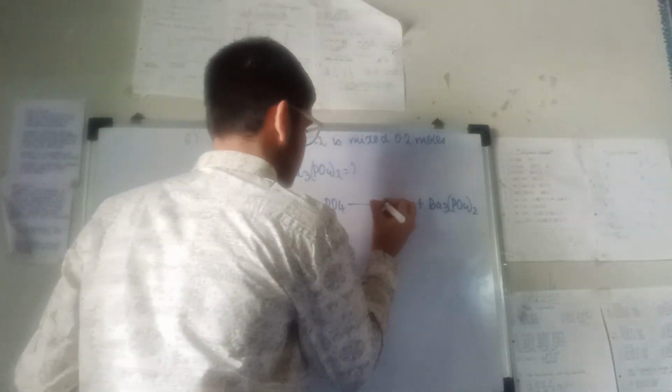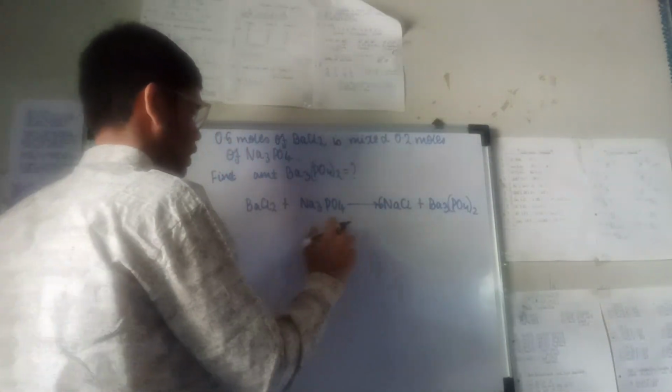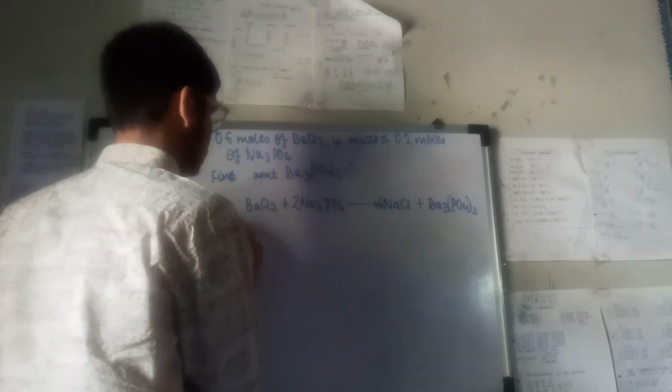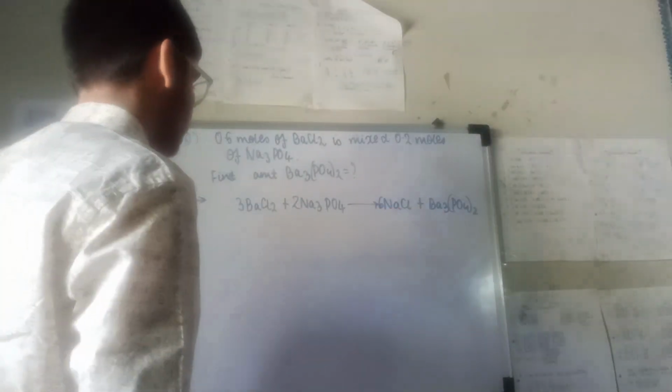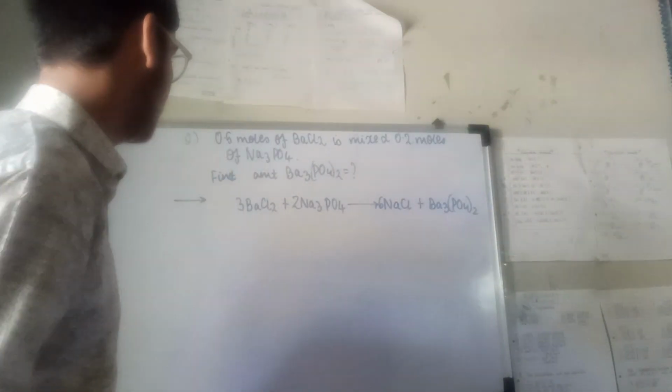I will make this 6 NaCl, and here I will add 2 and 3. Now everything is balanced here. You can see the balanced equation I wrote.